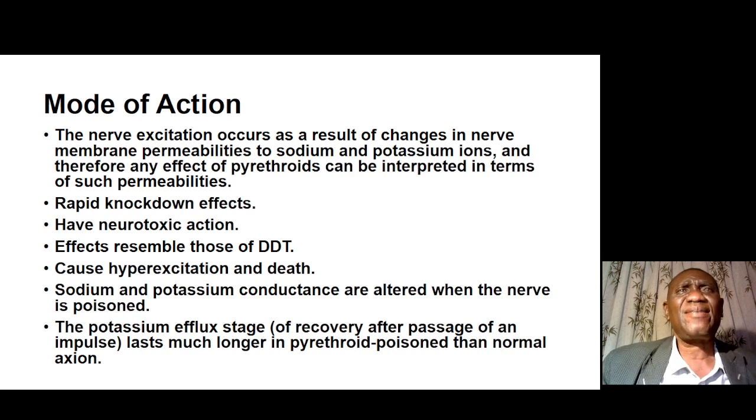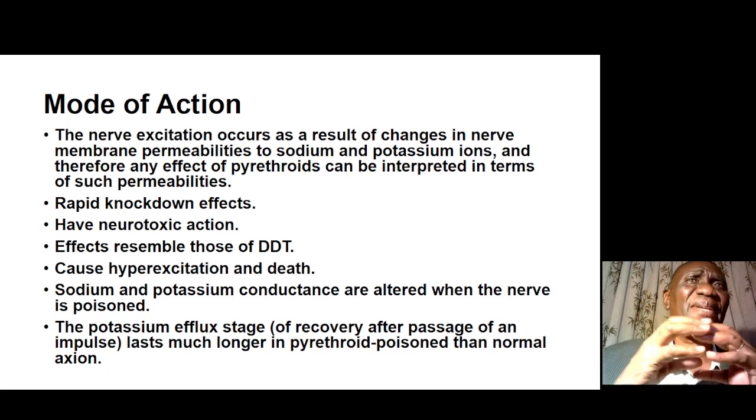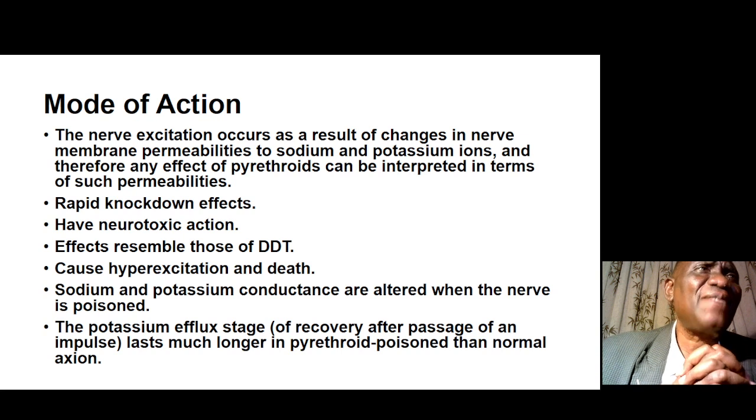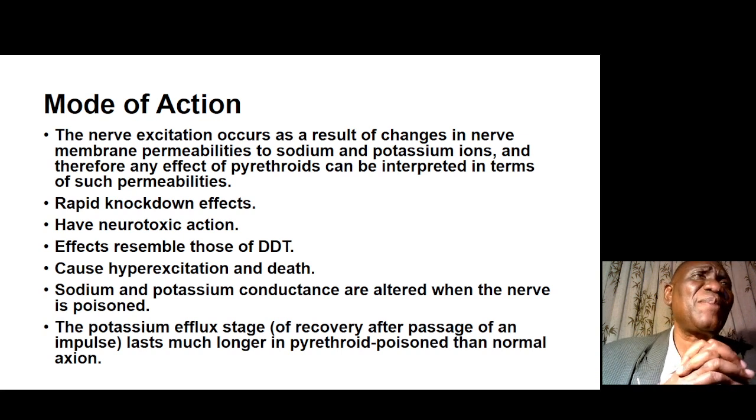So the presence of a pesticide will affect the membranes of the nervous system. It becomes permeable, and this affects the movement of these sodium and potassium ions. And it can affect the electrical changes within the nerves.